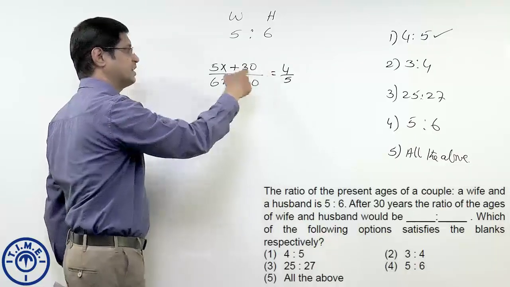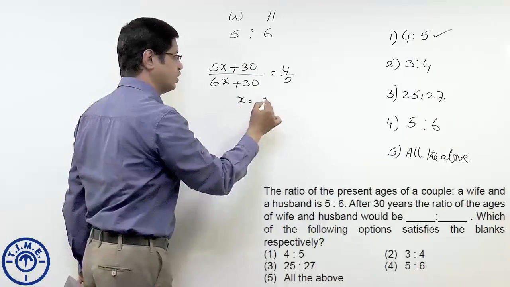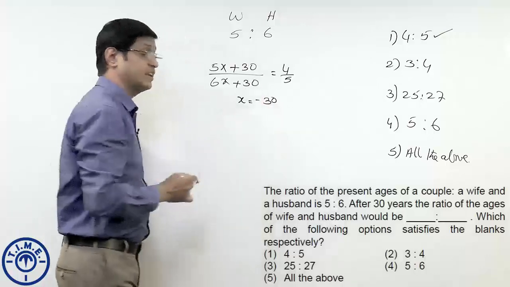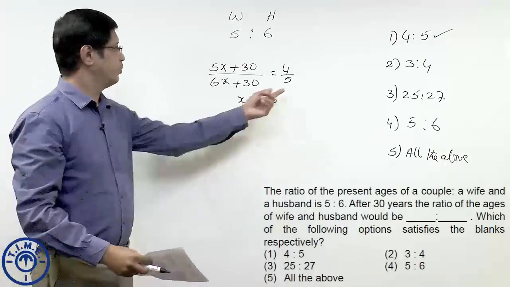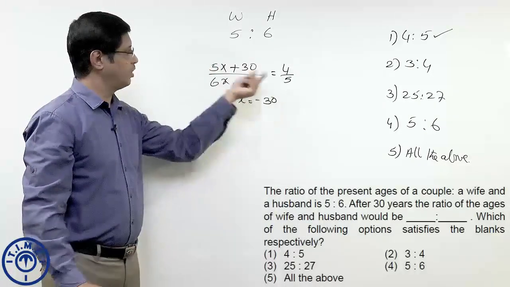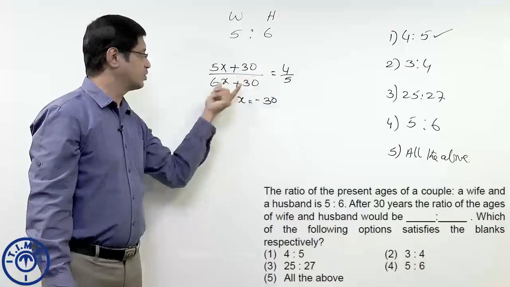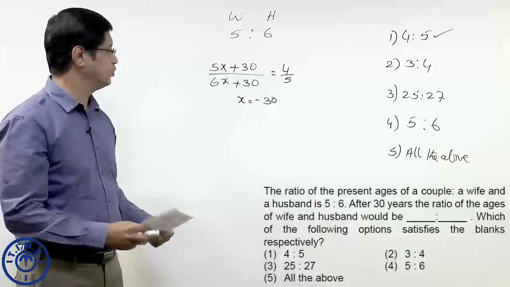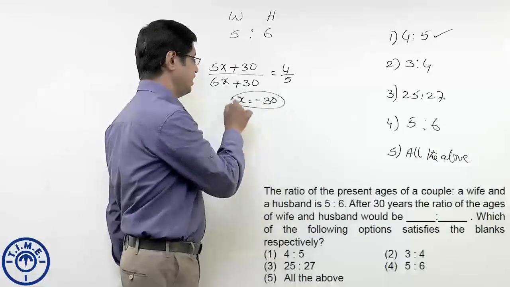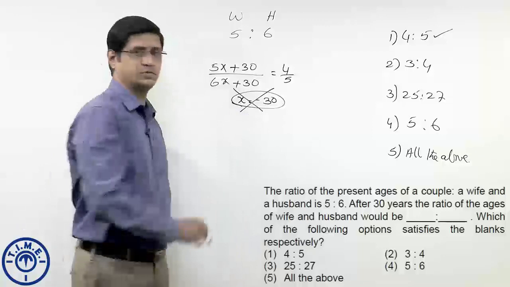The 1 time of 30 means x is equal to 30, but it is a negative value. The reason is both the values, 5x and 5 times 30, are greater than 4 times of this part. So a negative value does not exist in ages, hence it is ruled out.